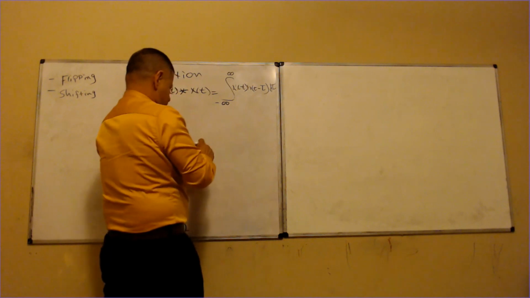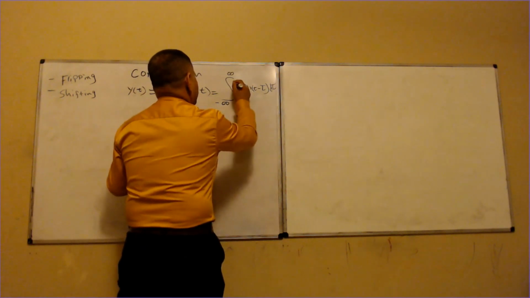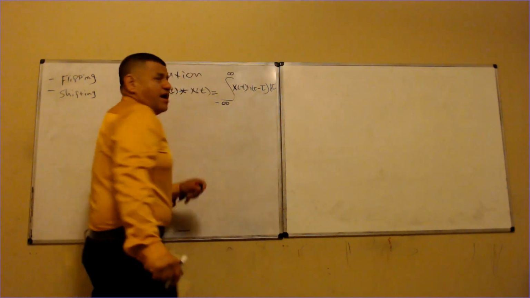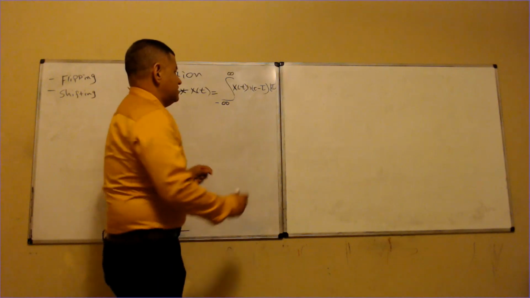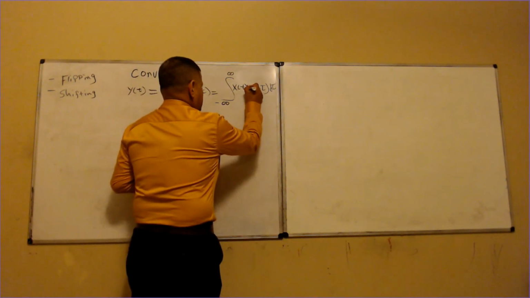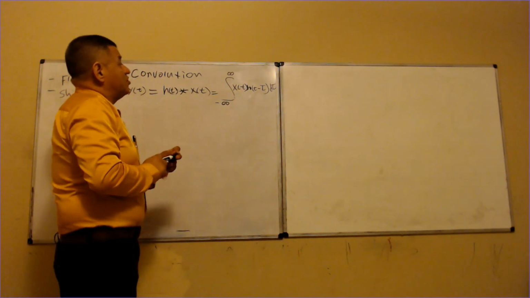So what I'm trying to say is, it doesn't matter how. Matter of fact, some books have v instead of h. But this is the definition of the convolution.